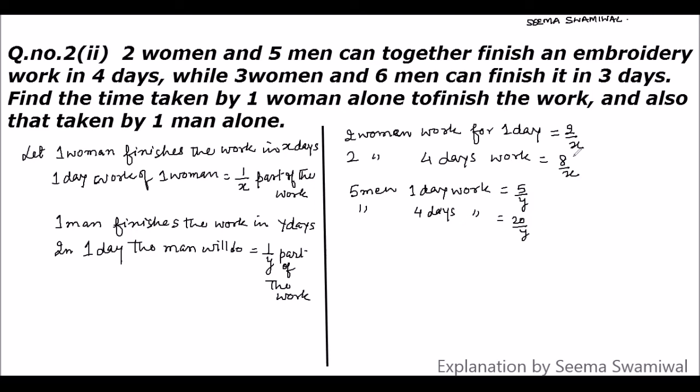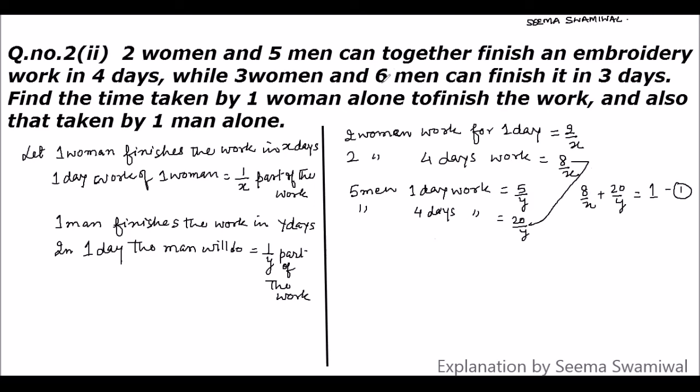That means this part of the work and this part of the work when added will give you one full work. One embroidery work will be completed when I add the work done by 2 women and the work done by 5 men in 4 days. So adding these two, I'll be getting 8 upon X plus 20 upon Y is equal to 1 complete work. So this will become the first equation.